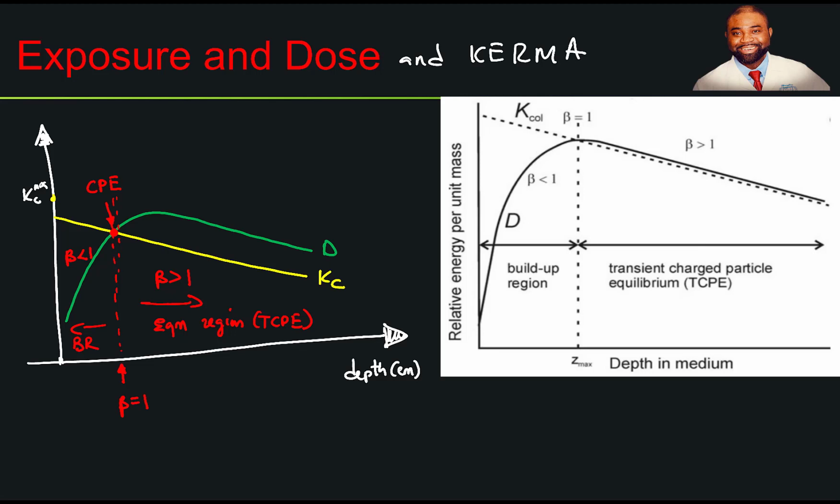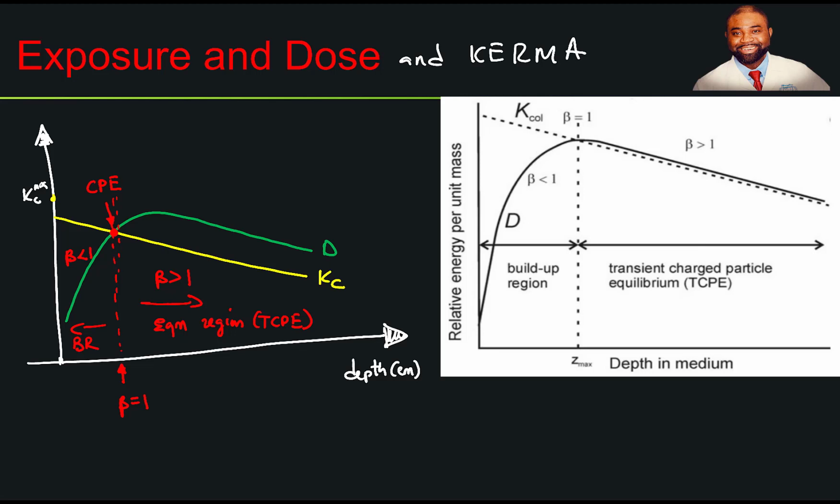Now, what you observe from this graph is the fact that collision KERMA decreases proportionally with distance. This can simply be explained by the fact that as the photon beam traverses deep into the medium, it is attenuated, and therefore the fluence decreases with increase in depth.